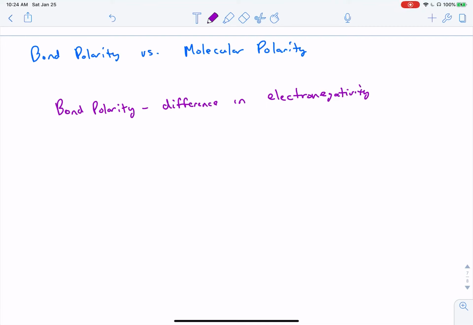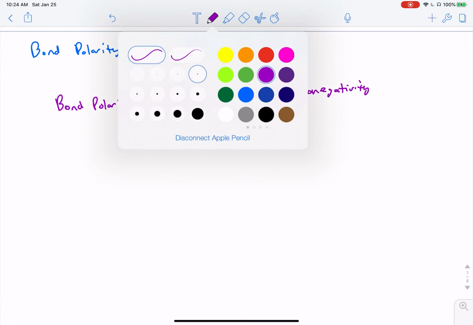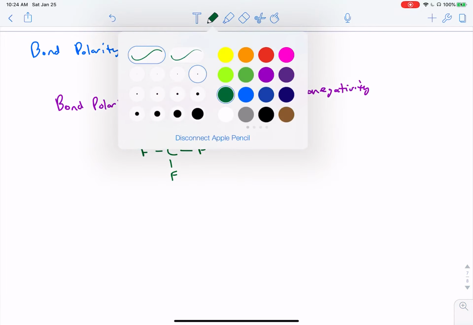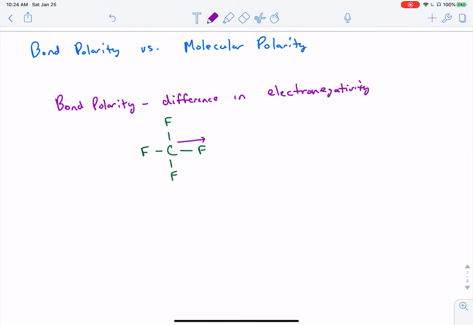Okay. So this idea here tells you how polar the bond is. So for example, if you have something like this, because F is very polar, your bond polarity will be this way. The F pulling the shared electrons more closely to it.